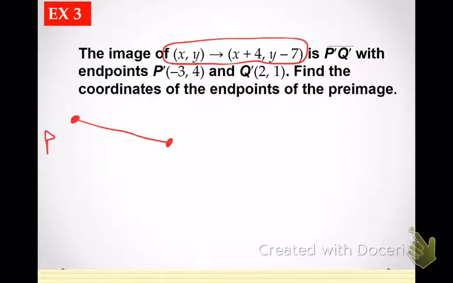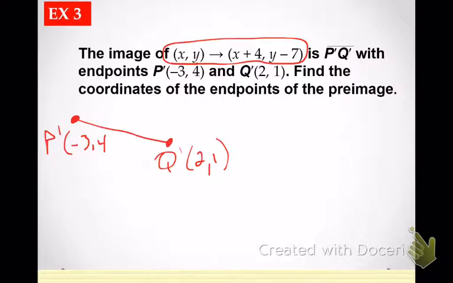So at P prime, we're at -3 comma 4, and at Q prime, we're at 2 comma 1. And we want to find the coordinates of the endpoints of the preimage. So we've slid up 4 and right 4 and down 7.